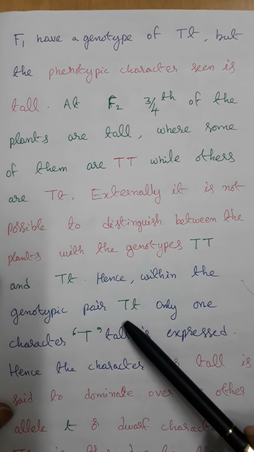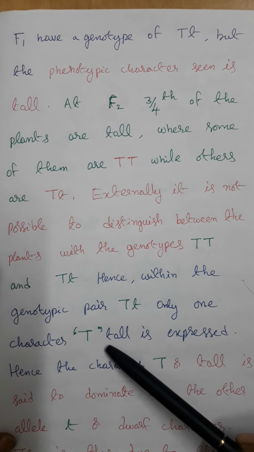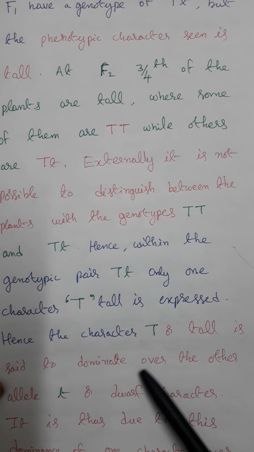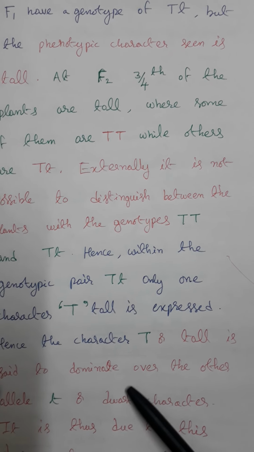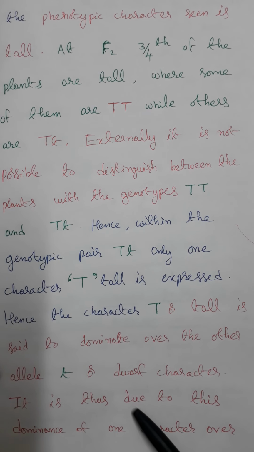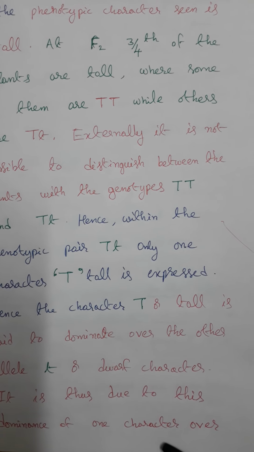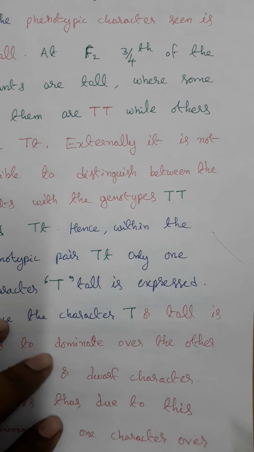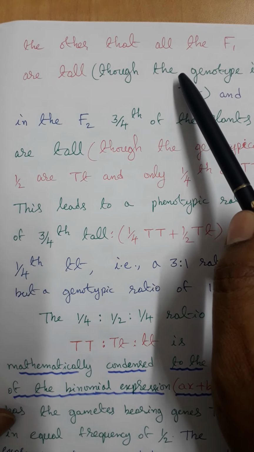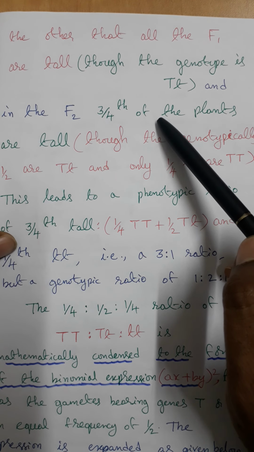Hence, within the genotypic pair capital T small t, only one character, tall, is expressed. Hence, the character tall is said to dominate over the other allele, small t, or the dwarf character. It is thus due to this dominance of one character over the other that all the F1 are tall, though the genotype is capital T small t.